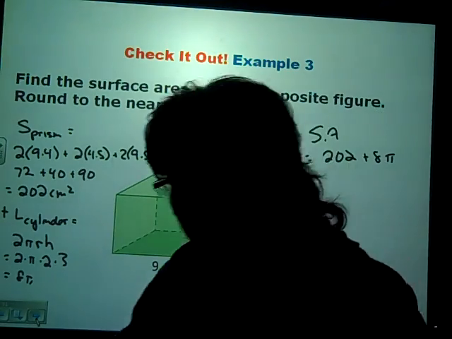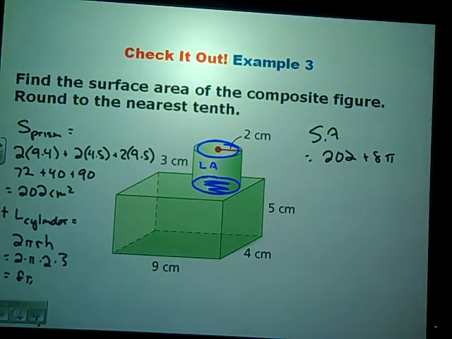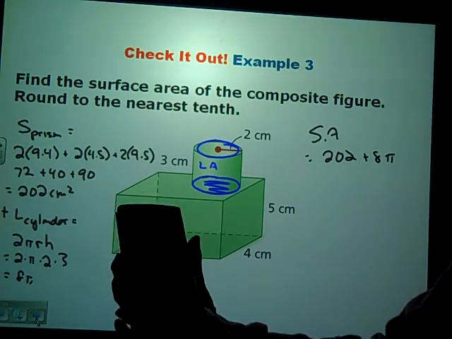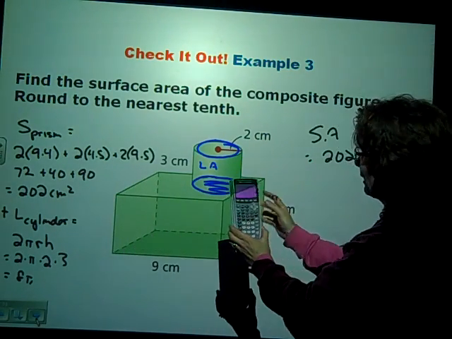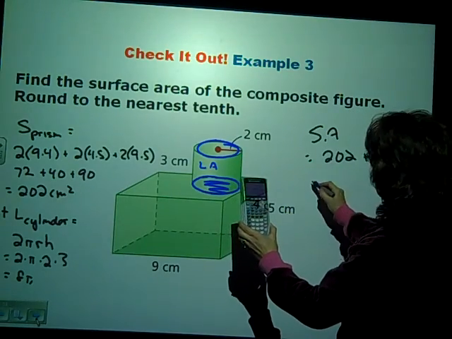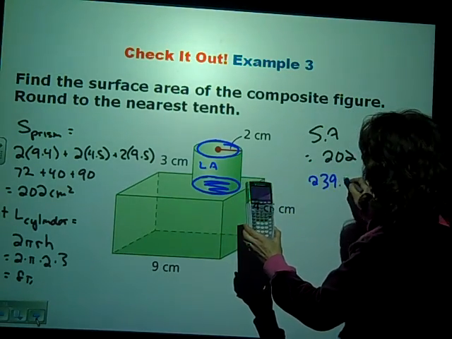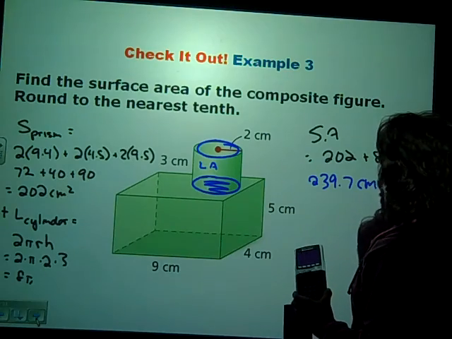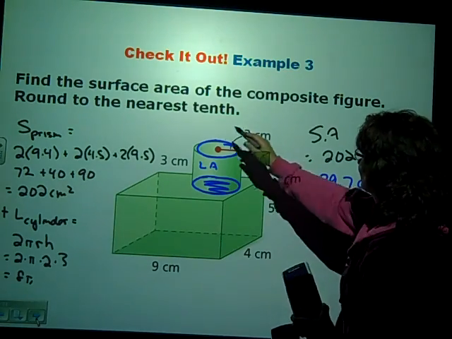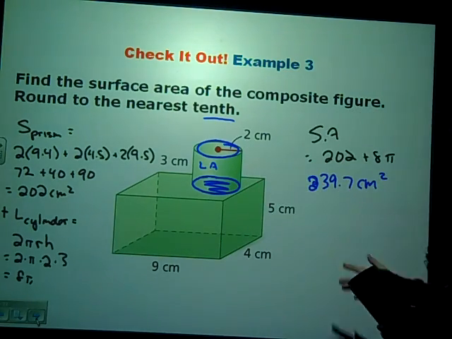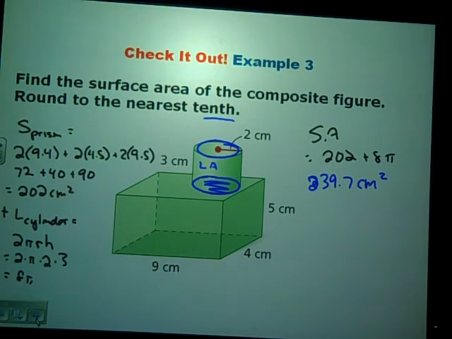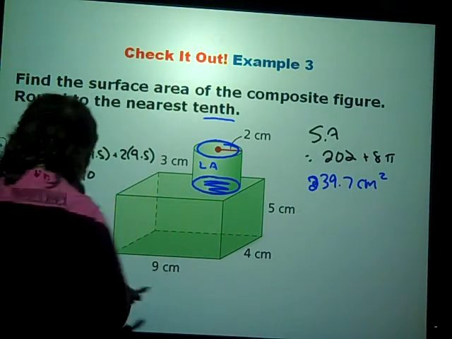And that's going to take a little bit of doing on your calculator. And when I do that, I end up with 239.7 square centimeters, because it says round to the nearest tenth here. So be kind of careful when you do that you don't count a piece twice.